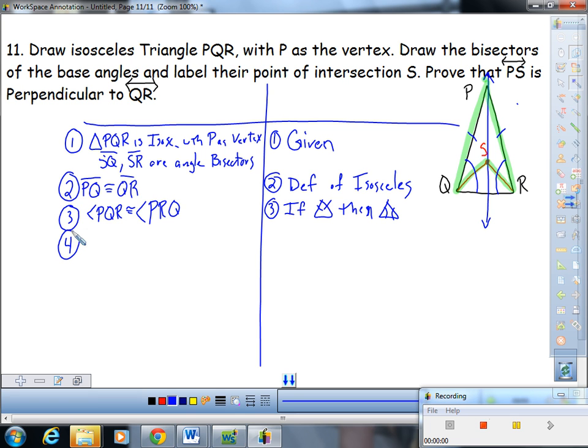I can now say that angle SQR is congruent to angle SRQ. That would be angles division.